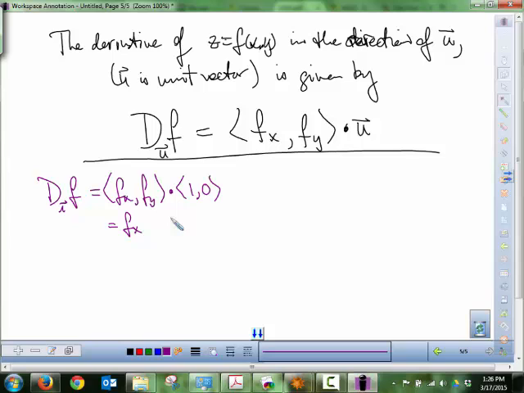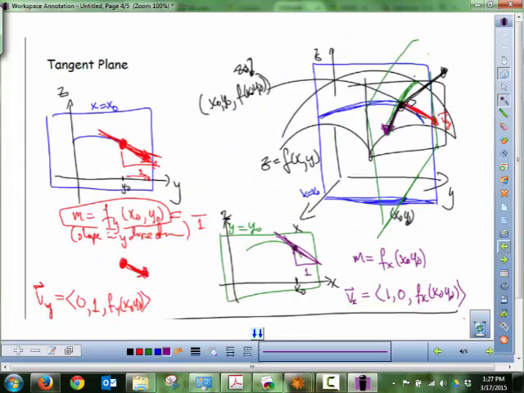And that makes sense, because if I'm going in the i direction, it's like that cutting plane over here along the x, and the slope here is fx.